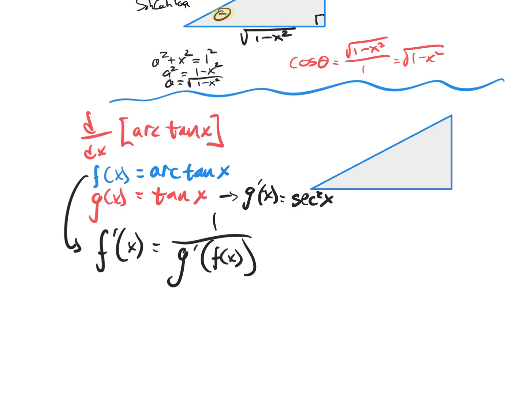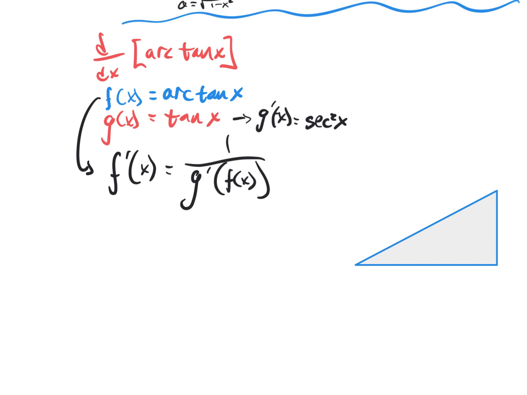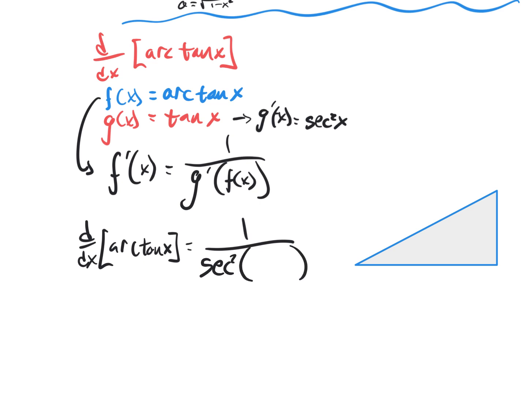Let's write it out here. We have the derivative of arctangent of x is 1 over the derivative of the inverse, the derivative of tangent, and that is secant squared. So secant squared evaluated at f of x. What is f of x?